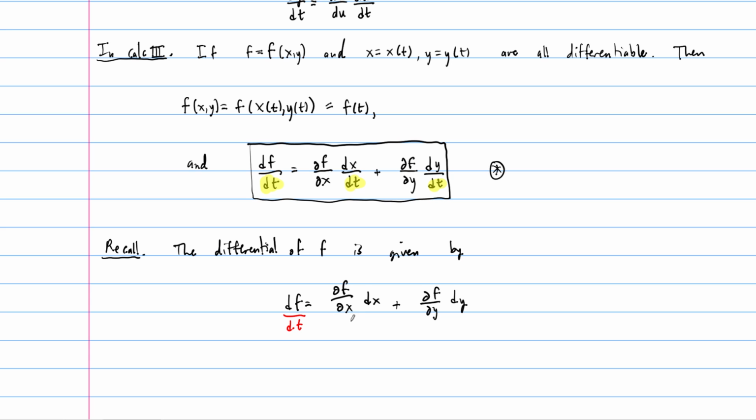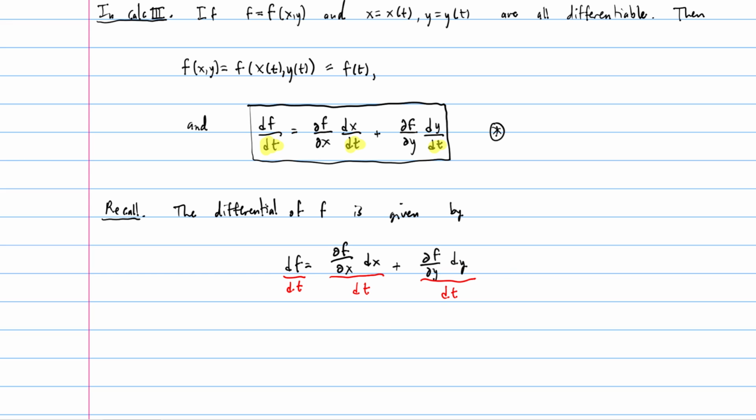But if we're going to do that on the left-hand side, we have to also do it on the right-hand side. And because this is a sum, we individually divide each of these by dt. And then you can see that this df by dx partial derivative, this df by dy partial derivative, can be moved over to the left, and we can treat this as a product of derivatives.